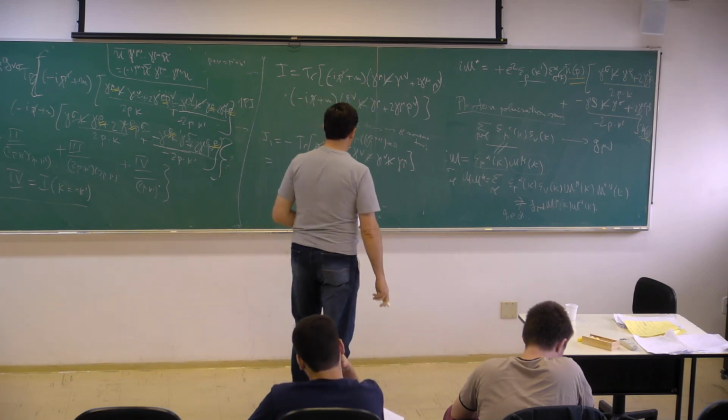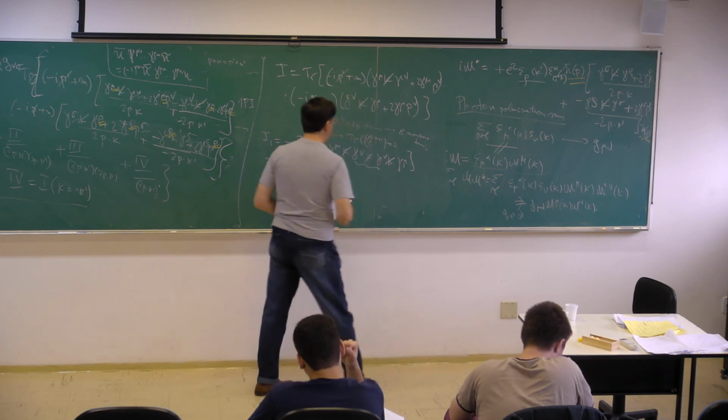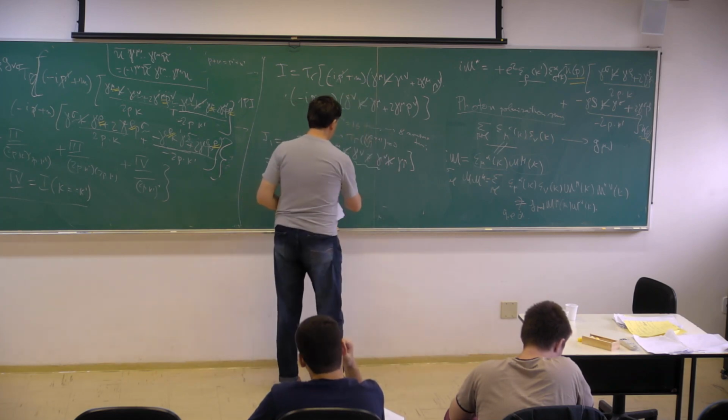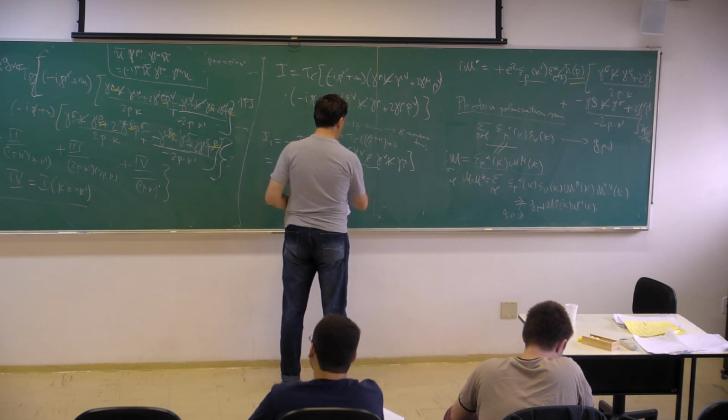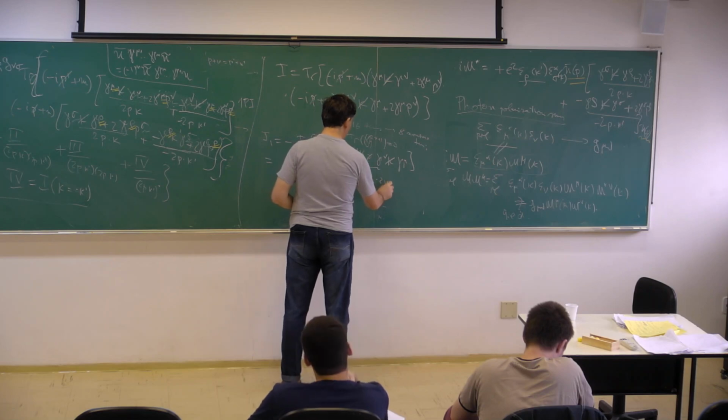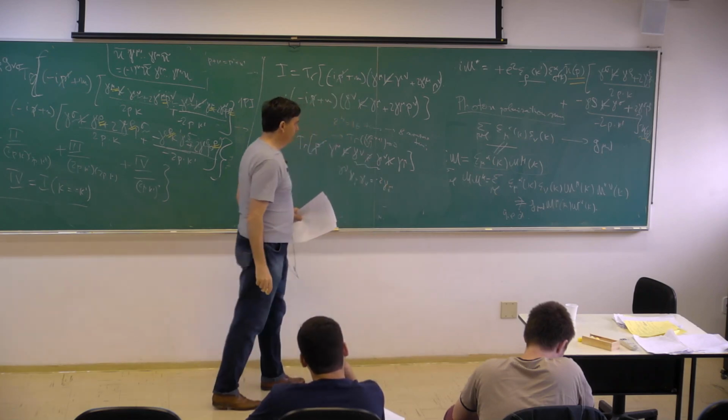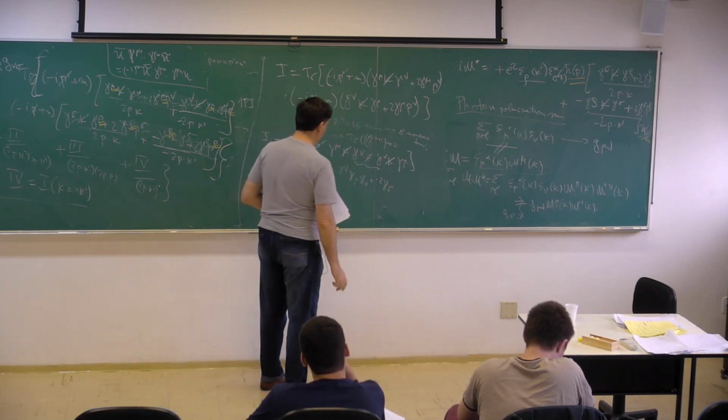Let's see, what do we want? So we have this thing first. This thing was calculated before, gamma nu, gamma nu, gamma nu was equal to minus 2 gamma mu. We've calculated that before.